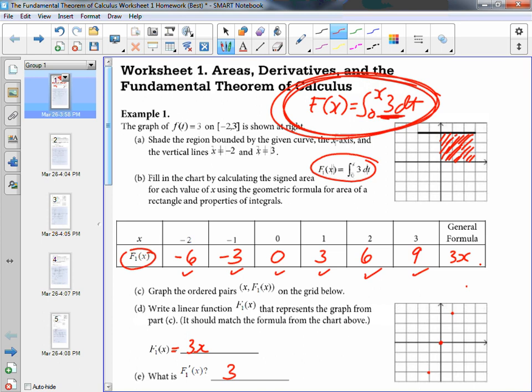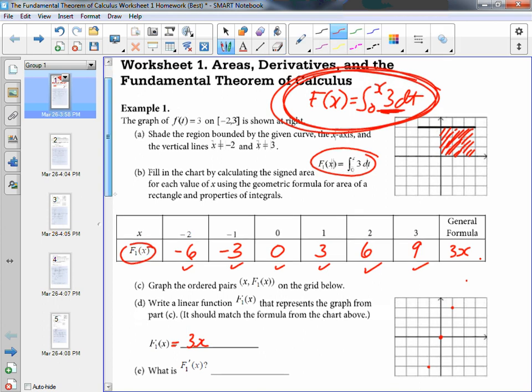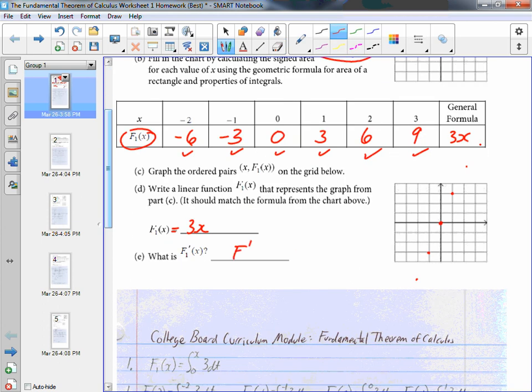So even if we didn't know how to take the derivative of 3x, or it was just so complicated we couldn't do it, we can look right there with what I have circled and see that 3 is the derivative. Okay? So, in fact, let me rewrite that. I don't know why they're calling it F1 prime of x equals 3.